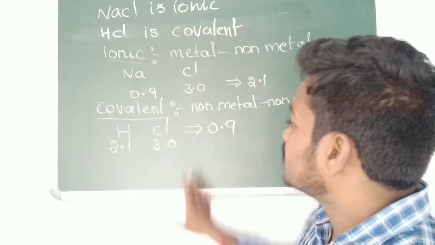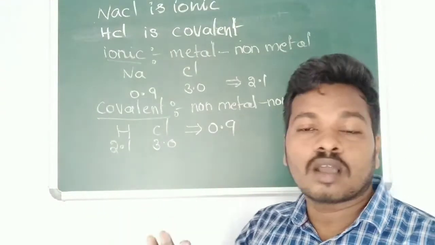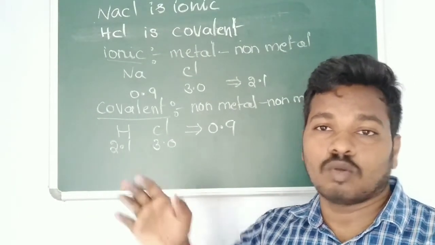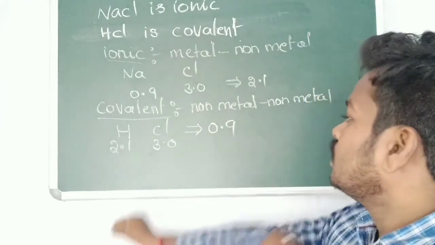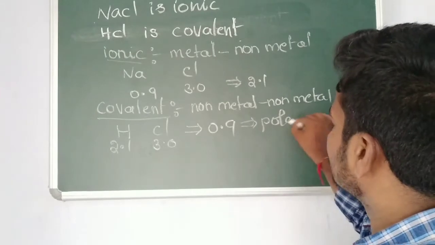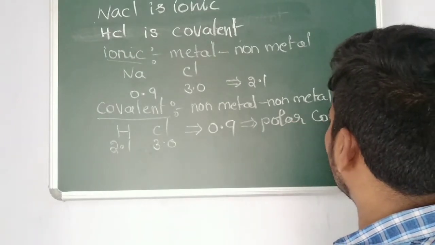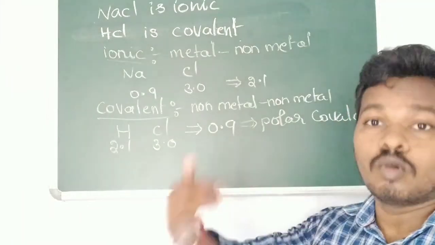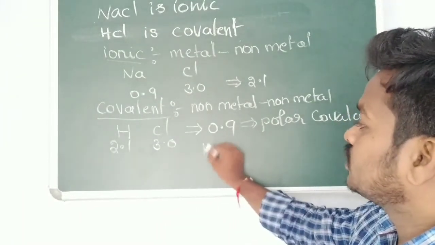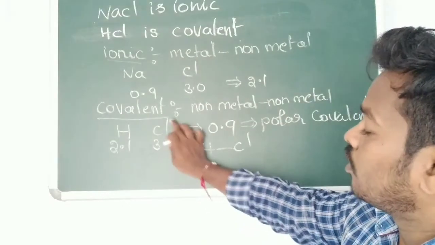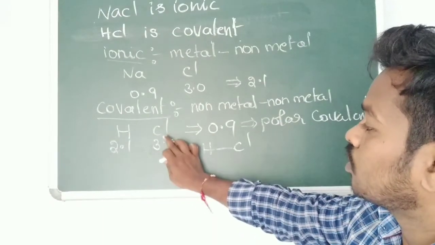Here you can see that no compound is completely purely covalent. We cannot expect 100% covalent character. So HCl is a polar covalent bond. HCl is not purely covalent, it is polar covalent. If you see HCl, the electronegativity of chlorine is more.